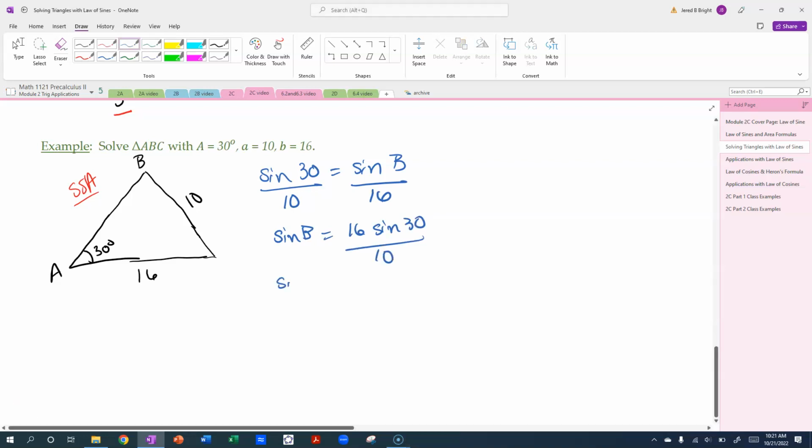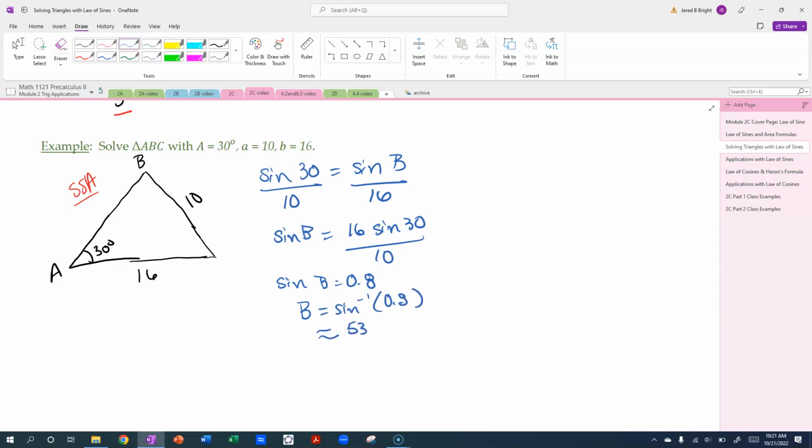And then continuing, you get sine of B is equal to 0.8. And then to solve this, we would do sine inverse and calculating that, B is equal to sine inverse of 0.8, and this would be approximately 53.1 degrees, okay?